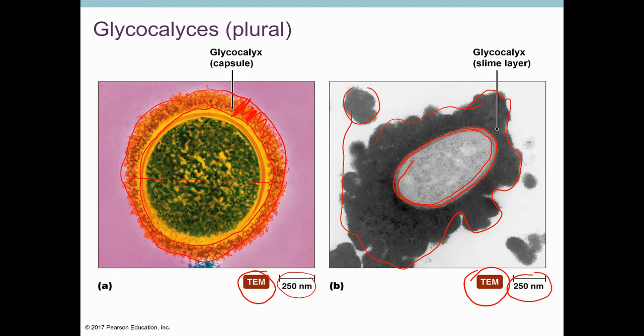And roughly speaking, they're made of the same kind of material. It just depends on how structured that material is, the polypeptide and the polysaccharide, which structure is made, and then what the function is. So capsule is for evading immune response. It's a layer of protection from the immune cells, for example, if it's a human, the white blood cells. And for the slime layer, it's more about attachment to a surface.